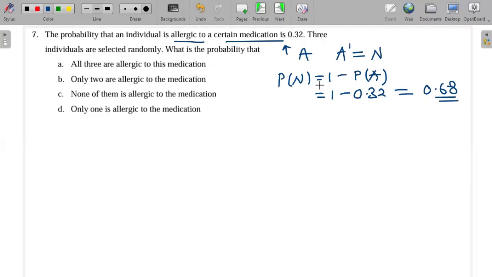So the probability of being allergic to a certain medication is 0.32, and the probability of not being allergic to that medication is 0.68. How did you find that? We use the complement rule, because if I add the probability of being allergic to the probability of not being allergic, I should get 1.